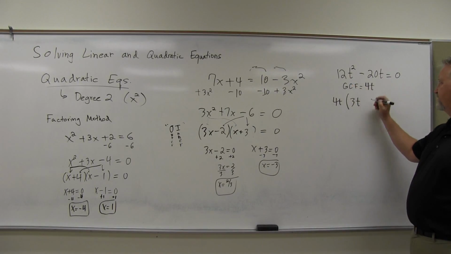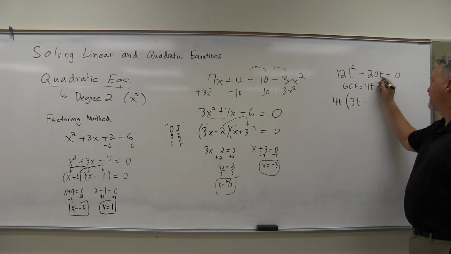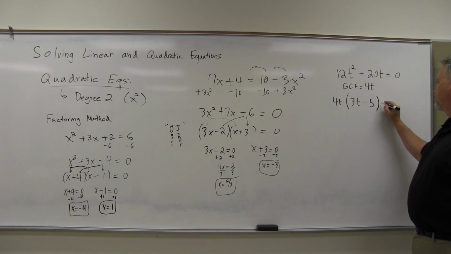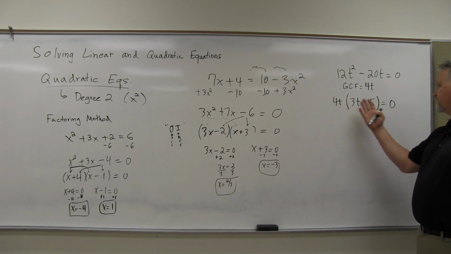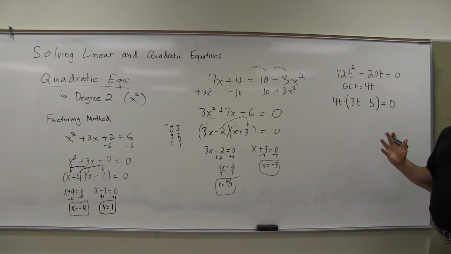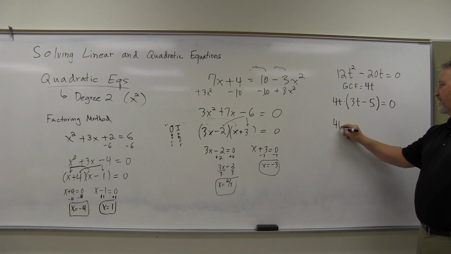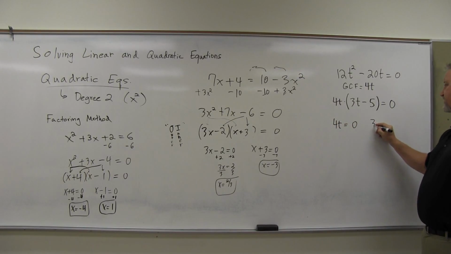That just means dividing those by 4t, so that'll be 3t, and dividing that by 4t, you get minus 5. Those common factors will come up, and that helps us a lot in factoring, because it makes the other part simpler. Now, just like before, we've got two things multiplied together that equal 0, so you need to set those equal to 0.